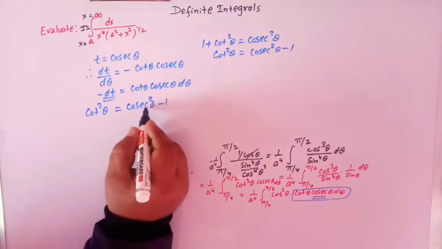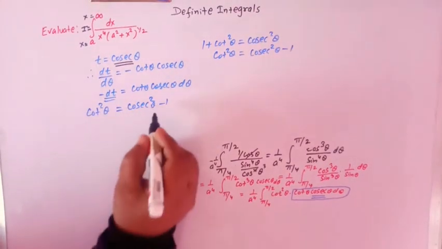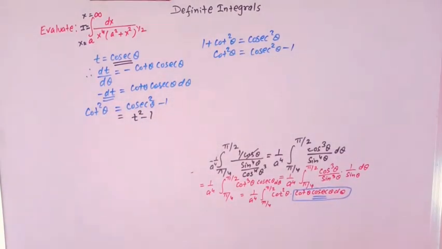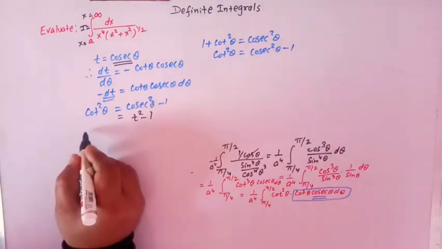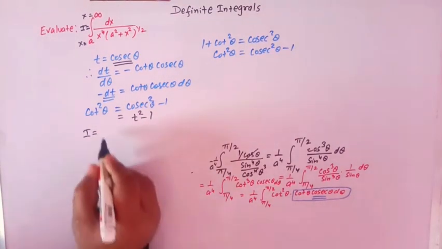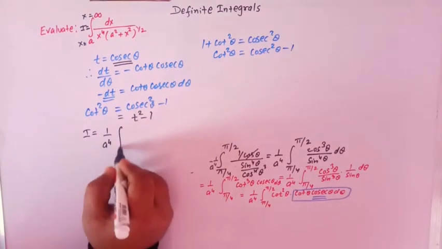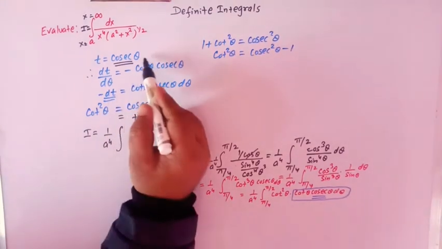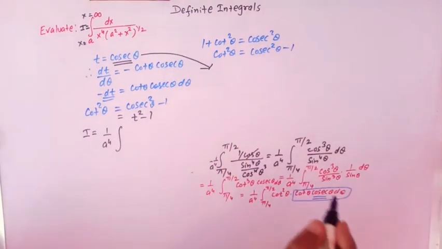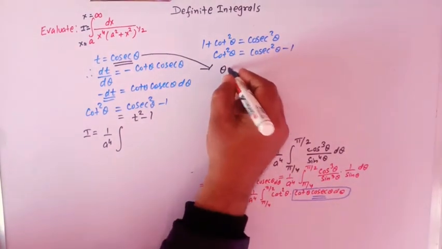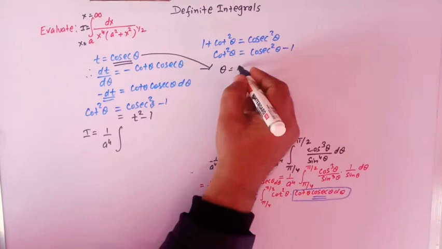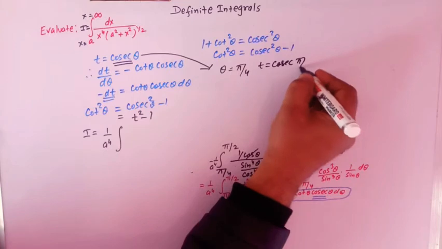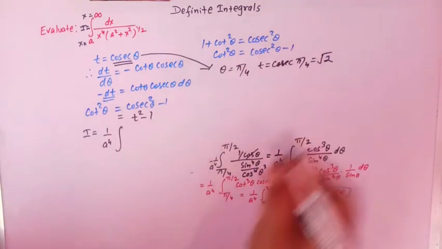So now here cosec theta is equal to t, so cot square theta can be written as t square minus 1, right? So now this integral I can be written as 1 over a raised to 4, and here we have the limits pi by 4 to pi by 2. So let us change the limits here. When theta is equal to pi by 4, then t is equal to cosec pi by 4, which is equal to square root of 2, right?